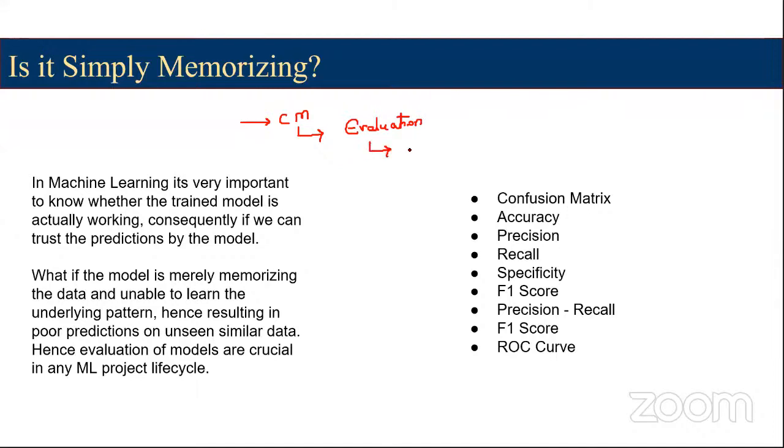Now, as I said, while evaluating we try to compare how far the actual value is from the predicted value. So say we have a model for predicting if a patient is suffering from diabetes or not suffering from diabetes, right? This confusion matrix is nothing but a matrix-like structure where we plot actual values against predicted values. So this is how your confusion matrix will look. Okay.